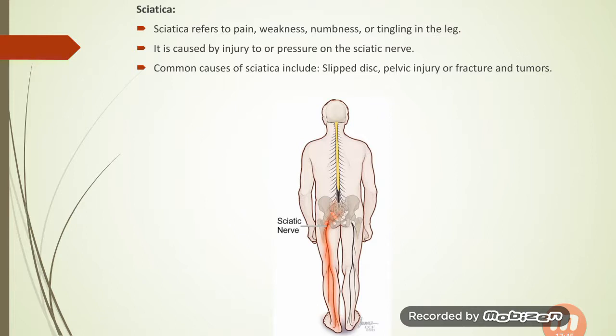The causes of sciatica are injuries or pressure to the sciatic nerve. The slipped disc may also be the cause of sciatica, as well as some pelvic injury or fracture and tumors. The recovery process of sciatica is usually slow and incomplete.